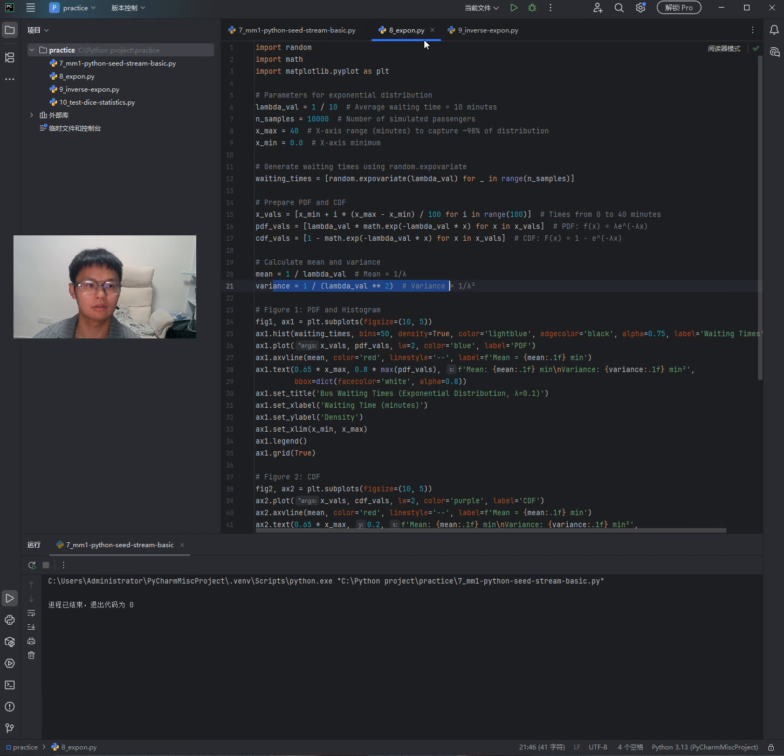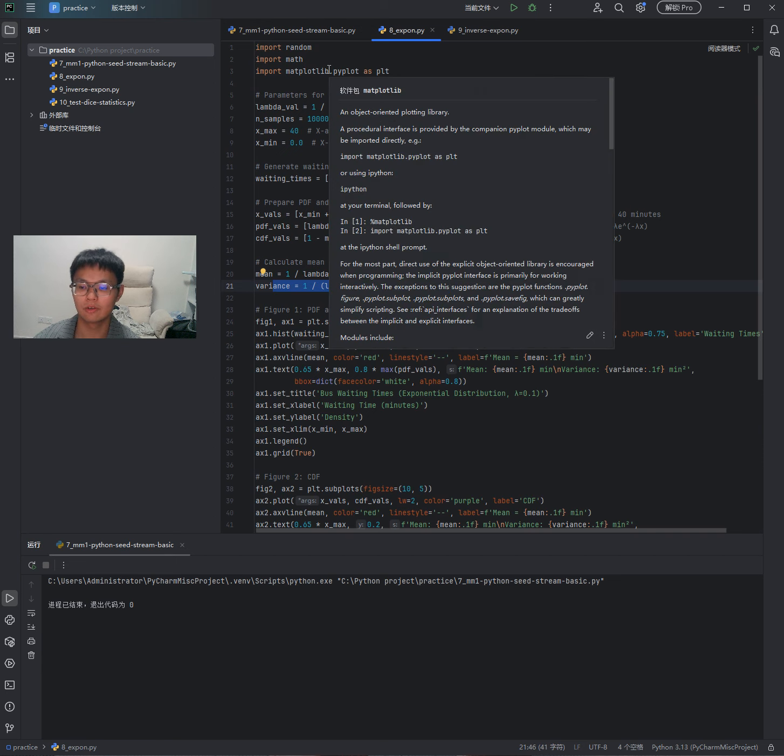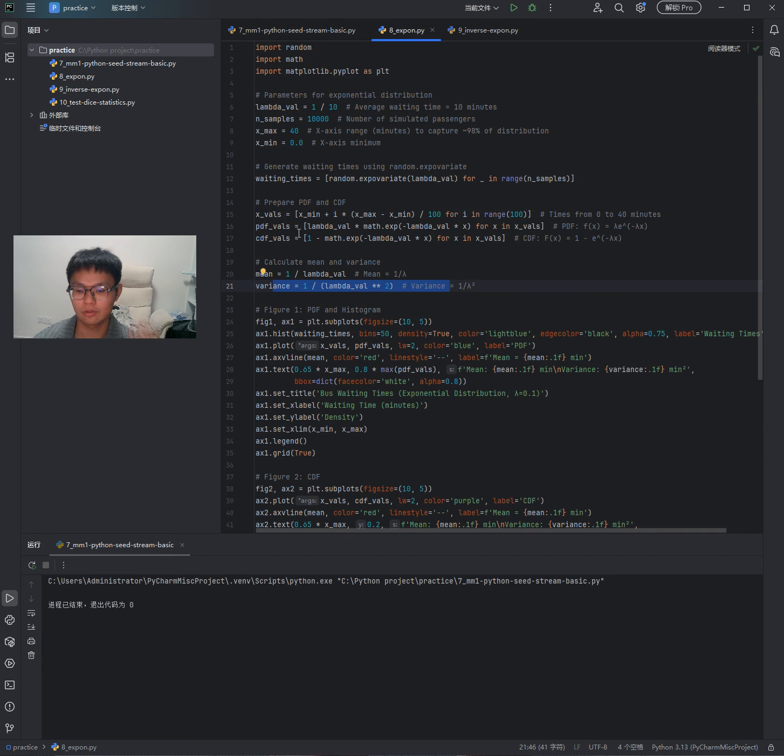And now, let's see another one, the second simulation, which models the waiting time for buses using an exponential distribution. First, we import libraries for random number generation, math functions, and plotting. Then we define parameters.